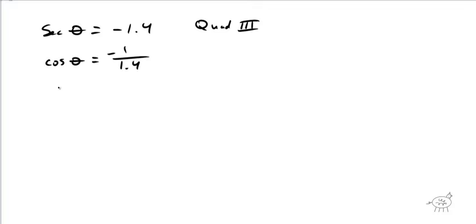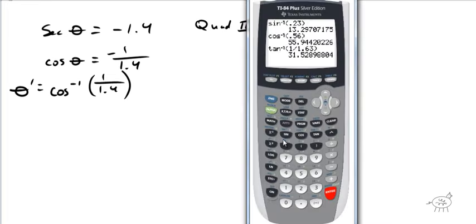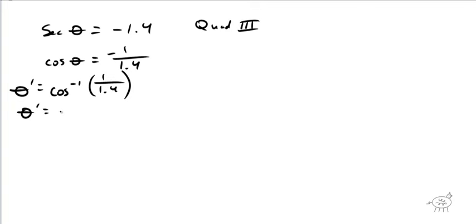But of course, remember, we're going to do inverse cosine of positive 1 over 1.4 to get our reference angle. So that's going to be inverse cosine of 1 divided by 1.4. And our reference angle is 44.4 degrees. So theta prime equals 44.4 degrees.